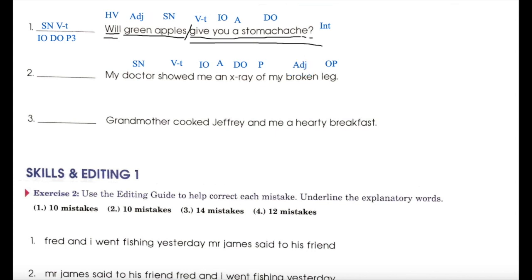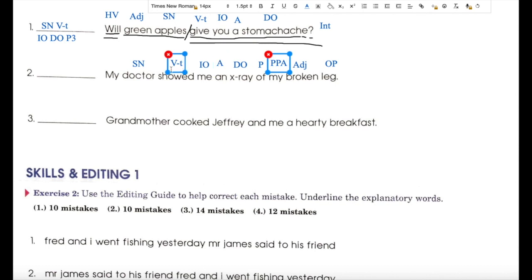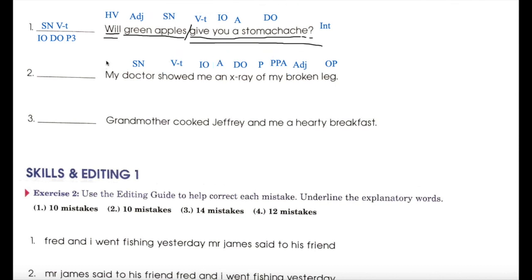My leg. It's possessive. It's describing, so it's an adjective, and it's a pronoun, so it's a possessive pronoun adjective. Again, my, it's showing ownership, it's describing, and it's a pronoun, so it's a PPA, possessive pronoun adjective.